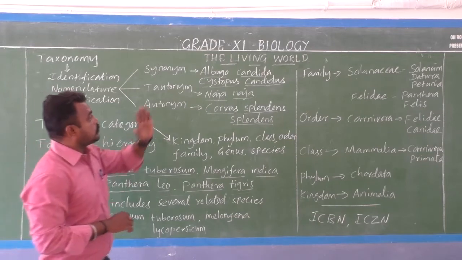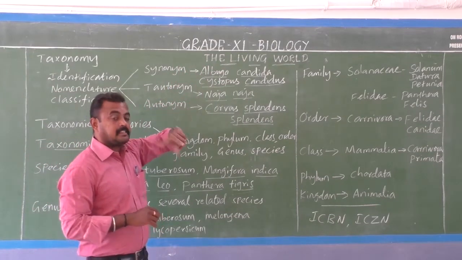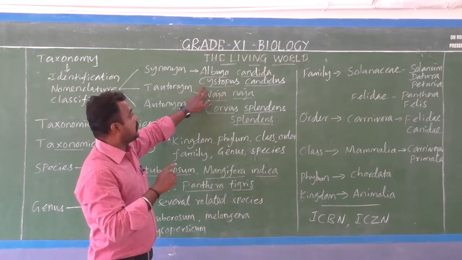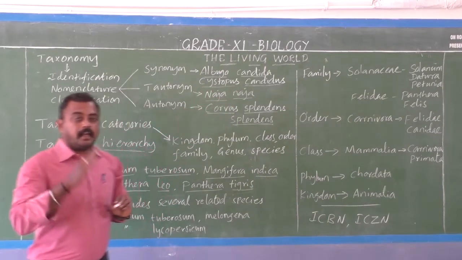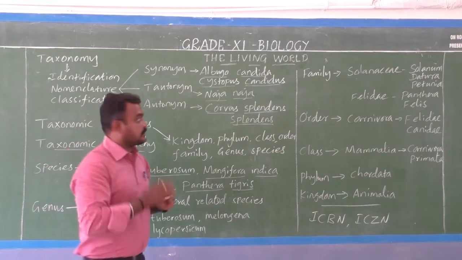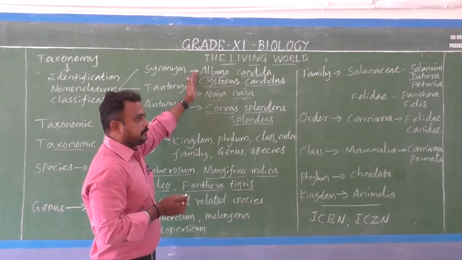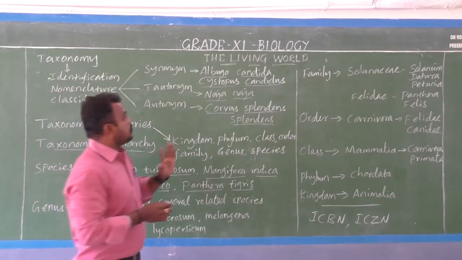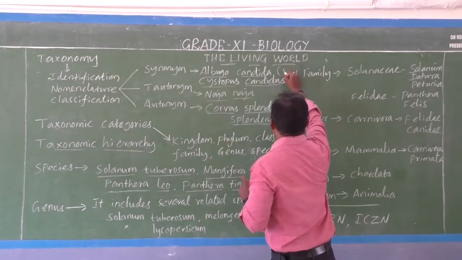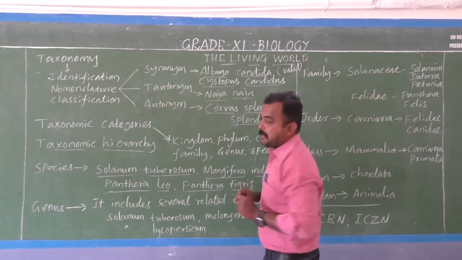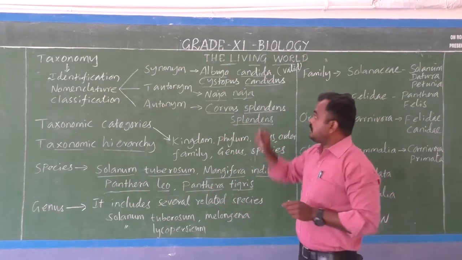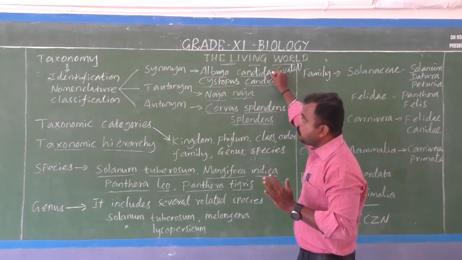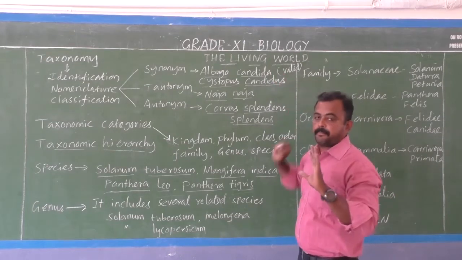So Albugo candida was given by one scientist, and this scientific name, Cystopus candidus, was given by another scientist. But both of them gave names to the single organism. So the first name is the valid name. The second name is a synonym. This name is a synonym to Albugo candida.